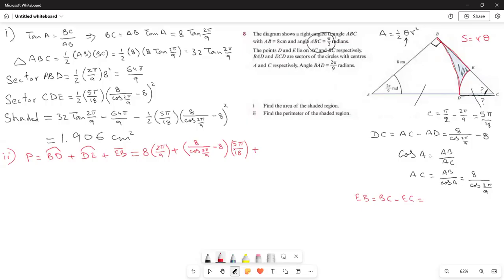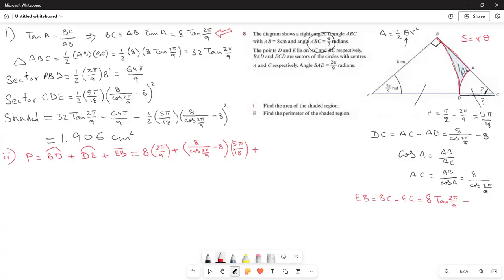Okay, now how much is BC? We found BC before, and BC was here. This is BC. So it is 8 into tangent of 2 pi by 9 minus EC. EC is the same as DC, which we found here.